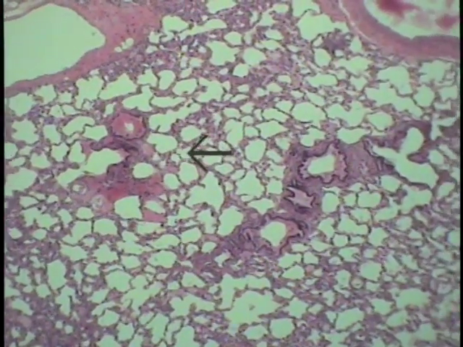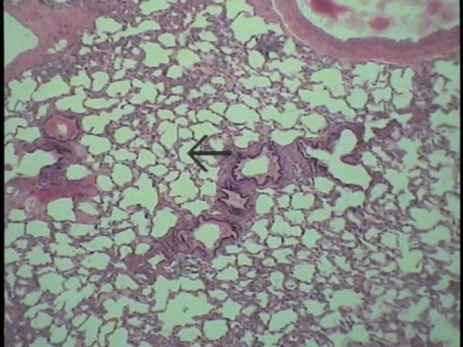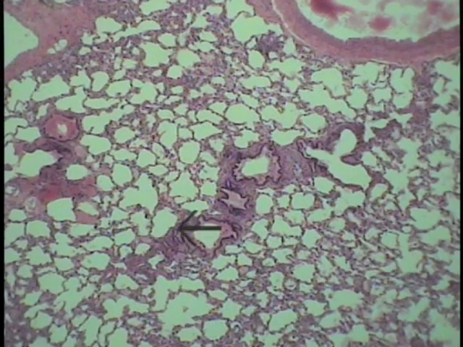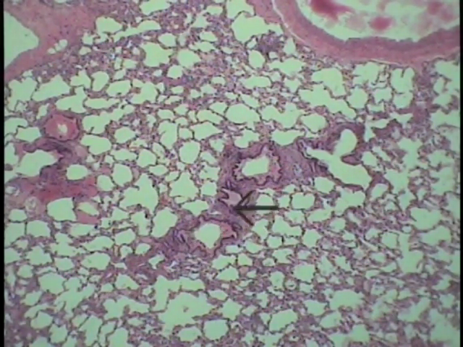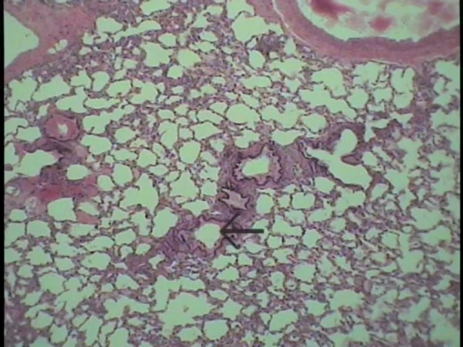So as we're looking around this particular field, we can see a tubule that's been cut parallel to its long axis as it snakes through this area and then goes in this direction and splits once again. This is sort of a tangential section through a bronchiole.